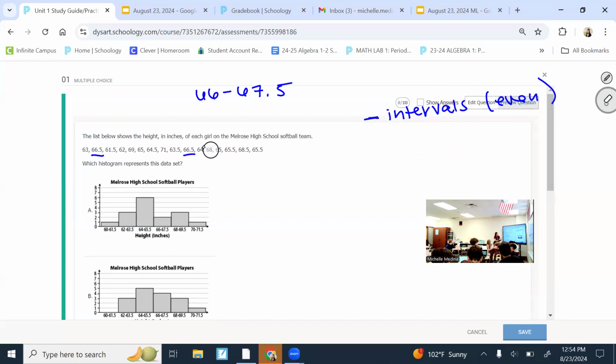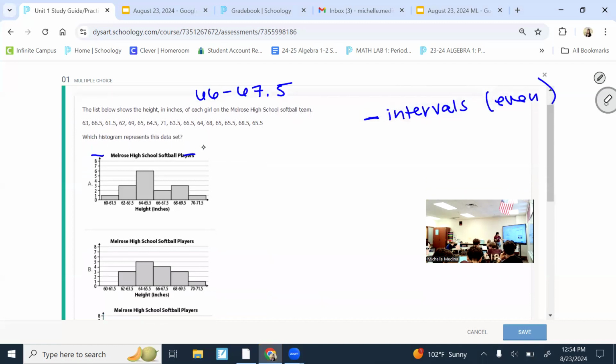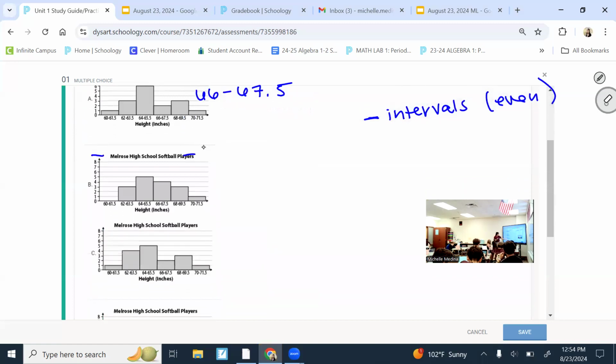Let me double check. So I have that occurred twice in this data, numbers from 66 to 67.5, therefore I think the answer should be A. That one says the wrong frequency.